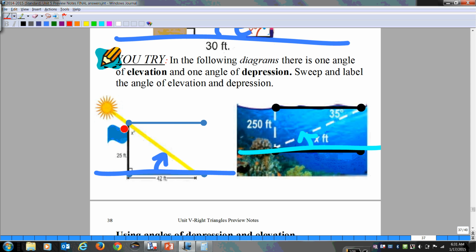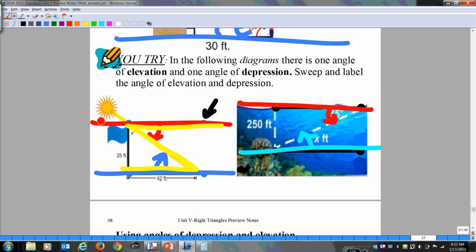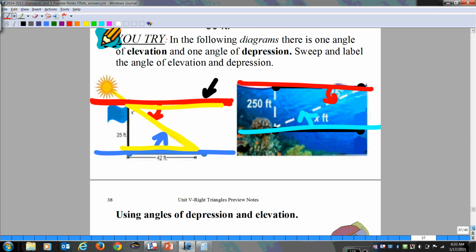And this one, depression, starts at a horizontal and goes downward. If you look really carefully, a set of angle of elevation to depression actually makes armpits of the Z. So look for their armpits. And if a horizontal doesn't exist, you can always draw it in. It's important you understand that.